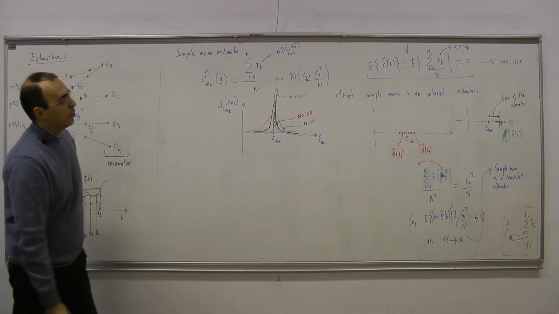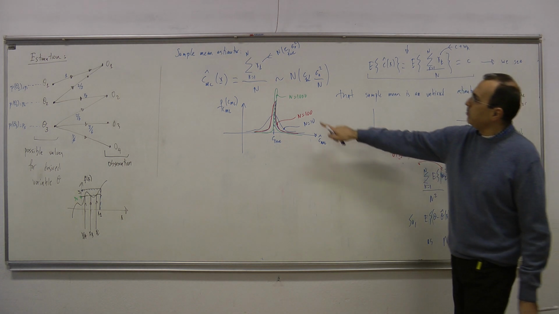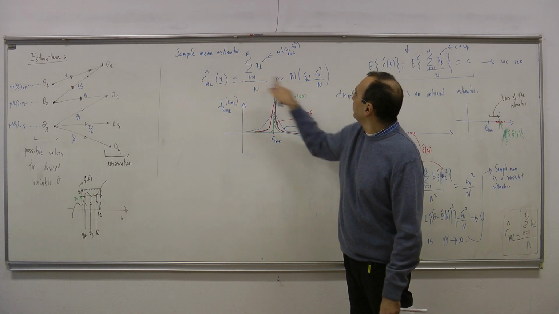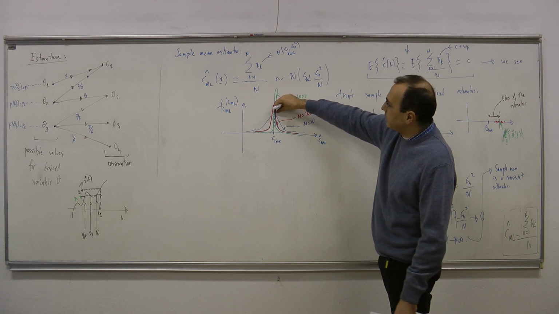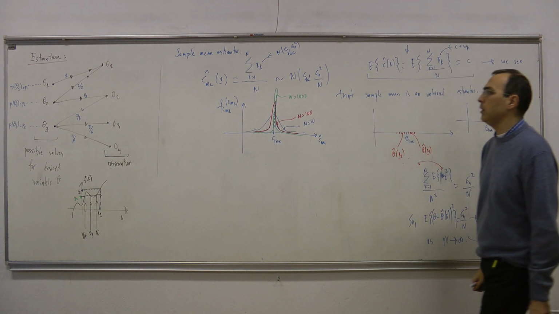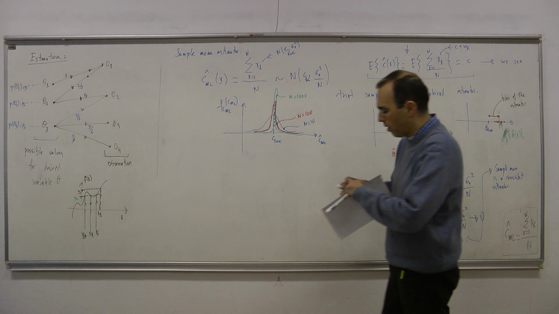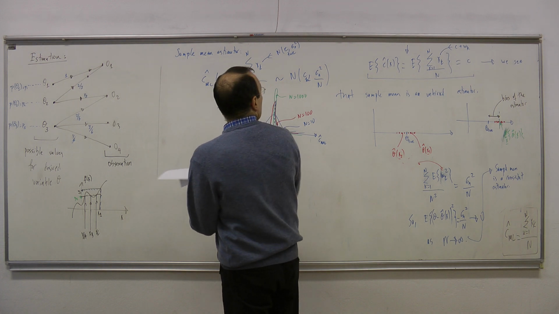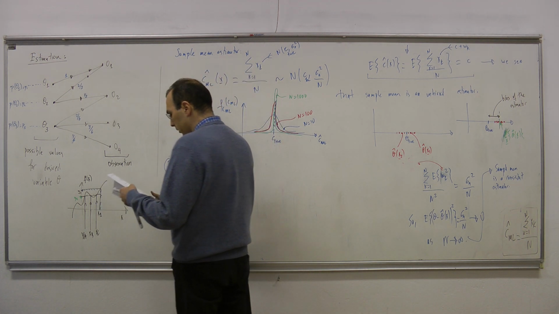So this is the unbiasedness case: the mean value of this estimate matches the true value. Consistency is that the variance of this estimate goes to 0 as n goes to infinity. Now we have the third one, which is efficiency.